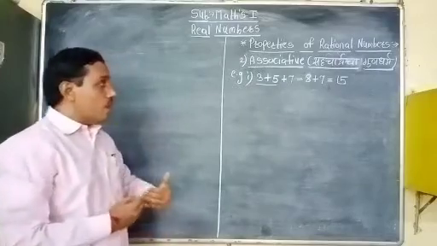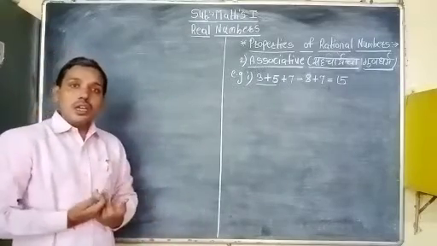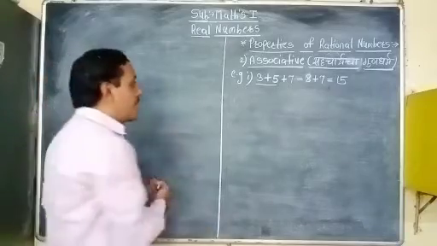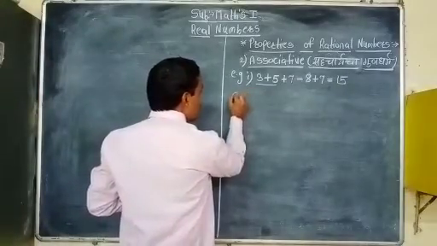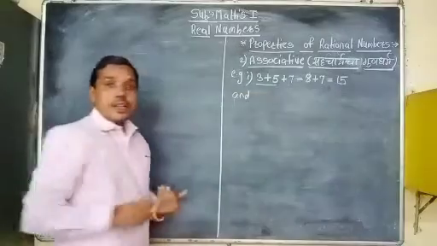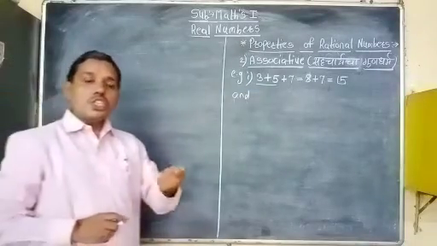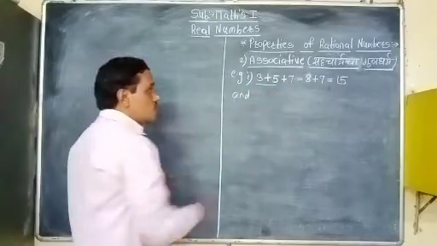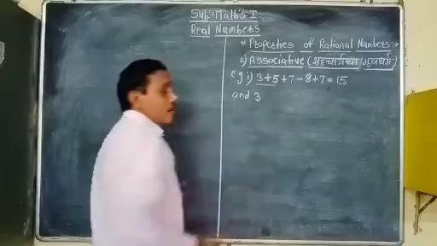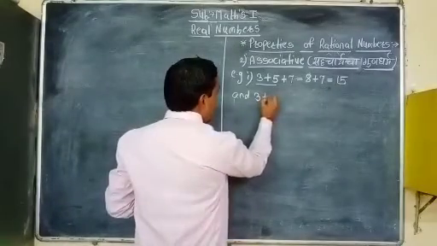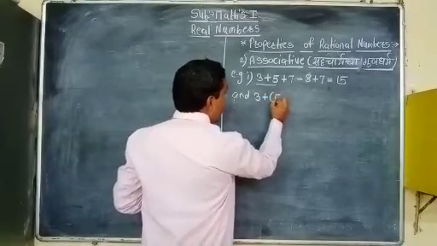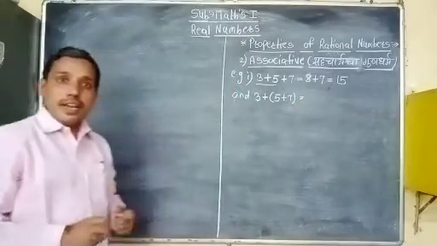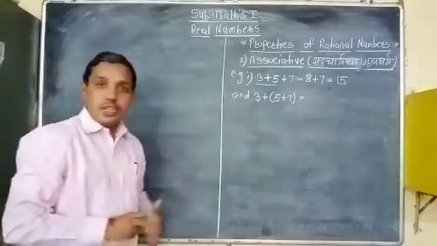Now, if we change the grouping, what change do we get? 3 is outside, and after that we have the group of 5 plus 7.